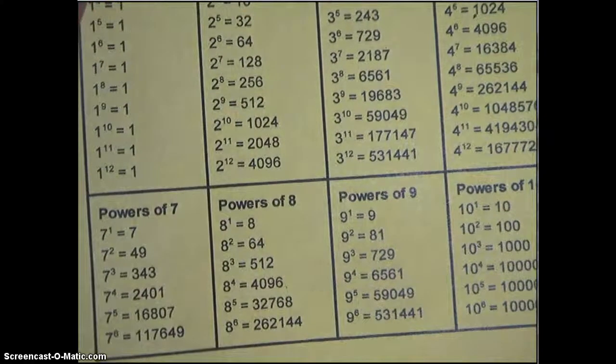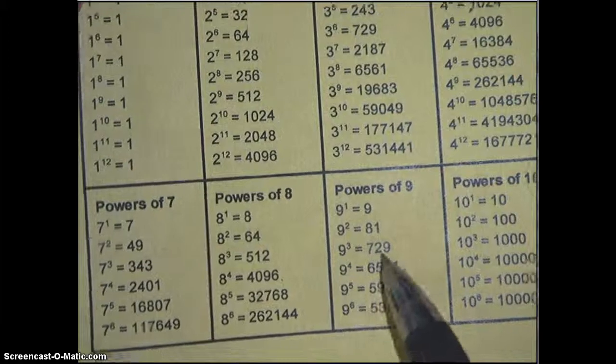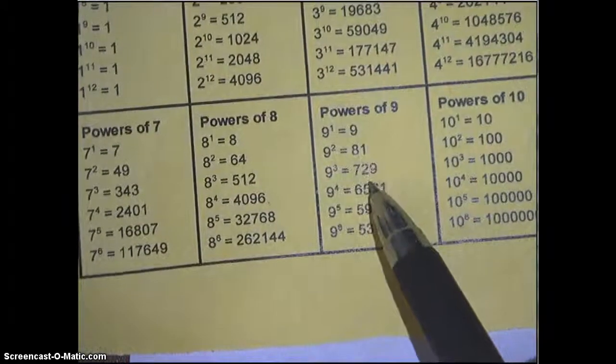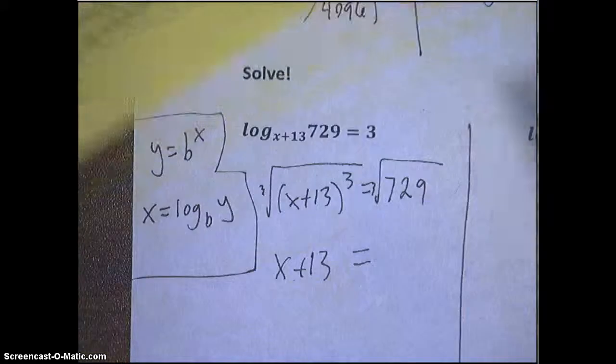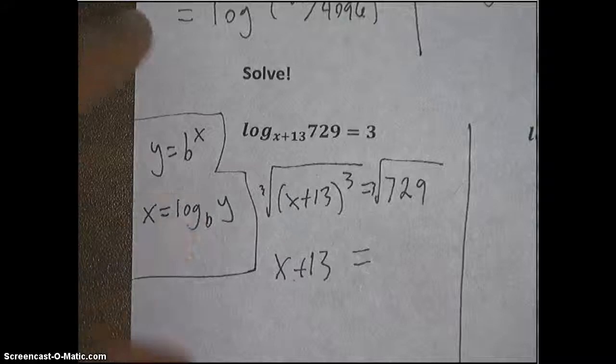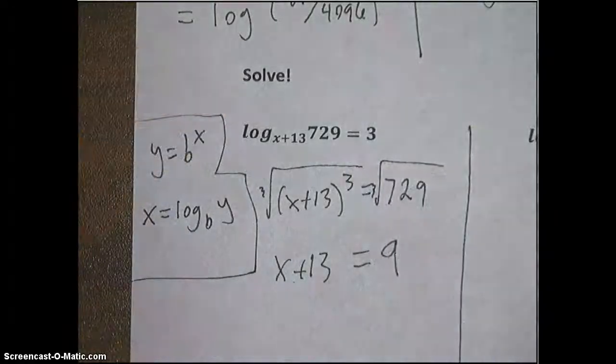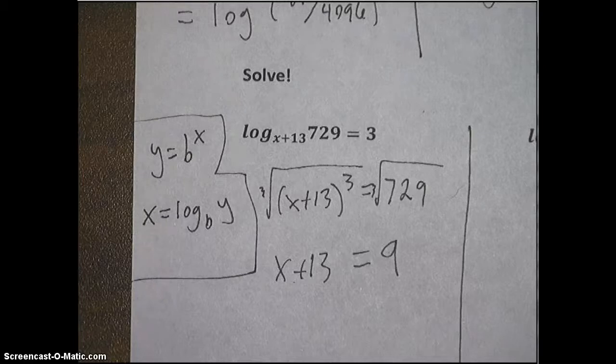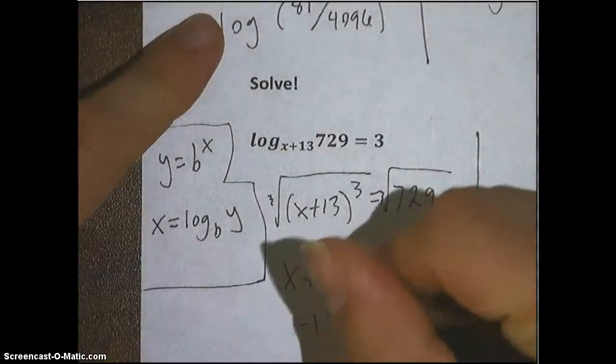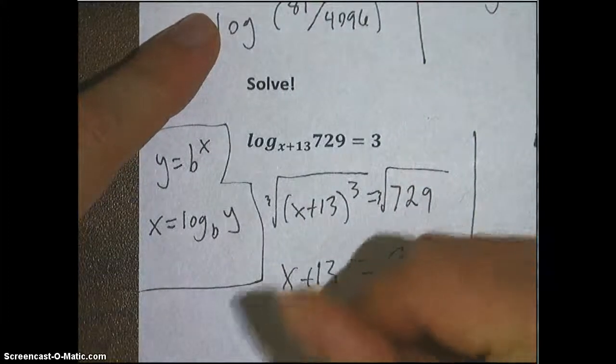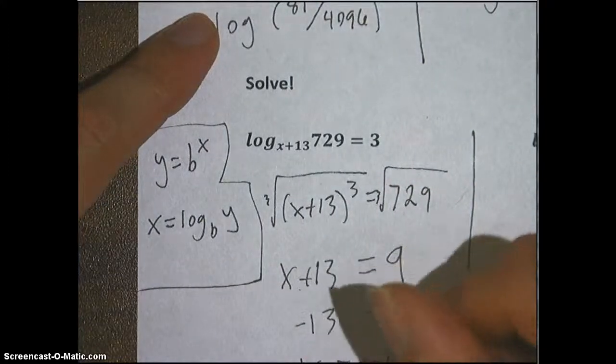Is there any others on here? There it is. 9 to the 3rd power is 729. So the cube root of 729 is just 9, because 9 to the third power is 729. So we got x plus 13 equals 9. Subtract that 13. x equals negative 4.